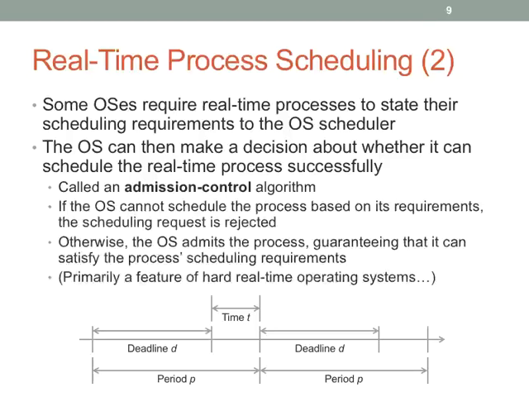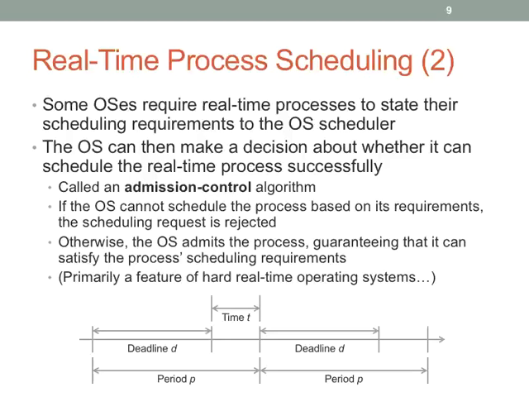Yeah, and so this is interesting. You'll notice that second to last point, that if the OS can admit the process, it will basically guarantee that it's able to meet the scheduling requirements. Okay? So you'll see this kind of thing on hard real-time systems where you need to know that you're actually going to meet your scheduling requirements. So that's where we would have admission control.